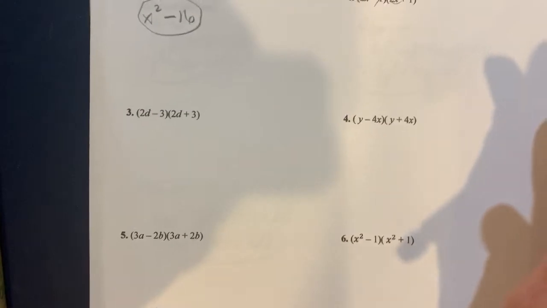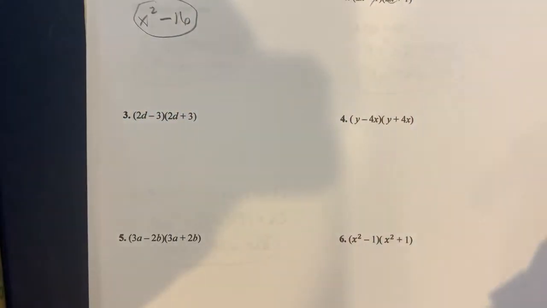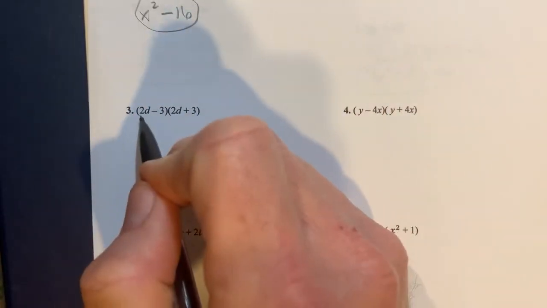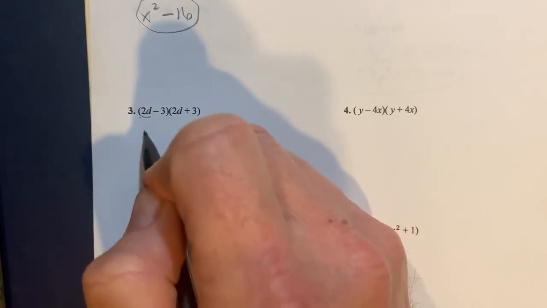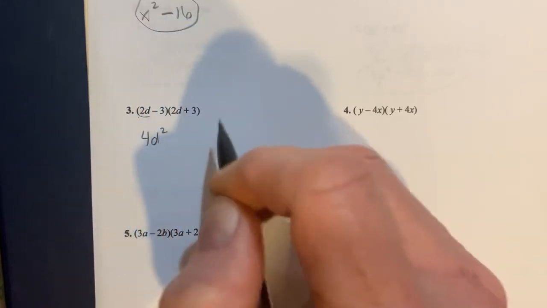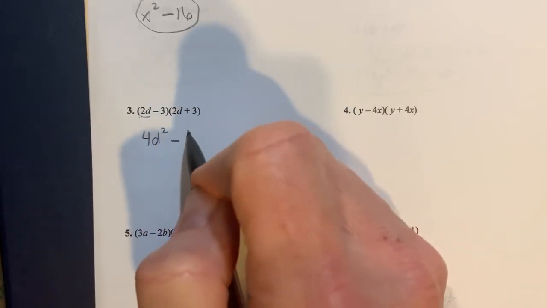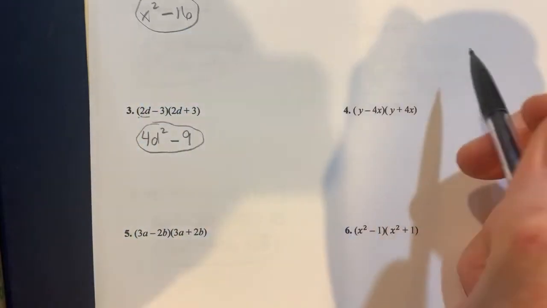So this one, they're exactly the same. One's plus, one's minus. So we'll go ahead and do the same thing here. Take that and square it. So that gives you 4d squared minus, and then 3 times 3 is 9. Remember, if I FOILed that out, the middle terms would cancel out.